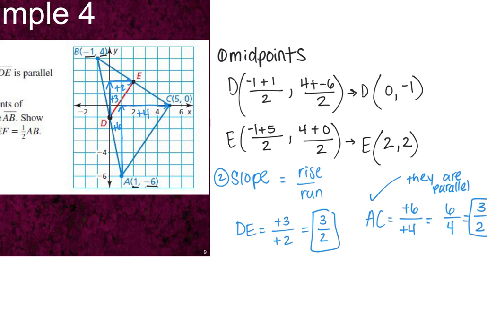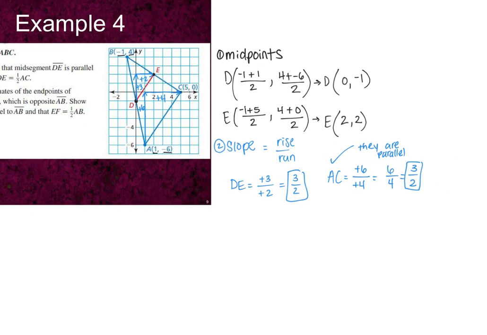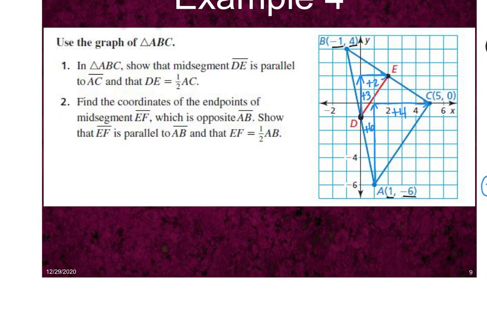This segment will be parallel to AB. And what segment will be parallel to BC? Yep. DF. Excellent. So each midsegment is parallel to one of the sides. Now, step number 3, it says, show that DE is exactly 1/2 of AC.